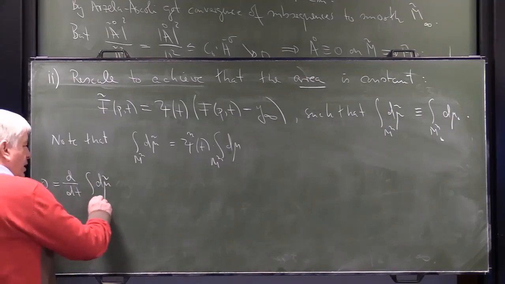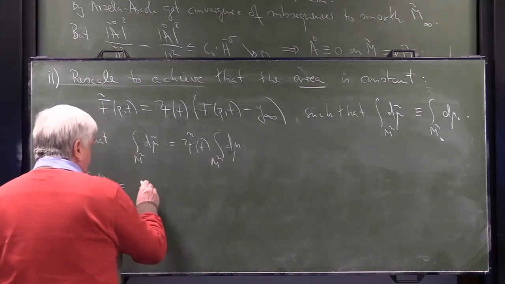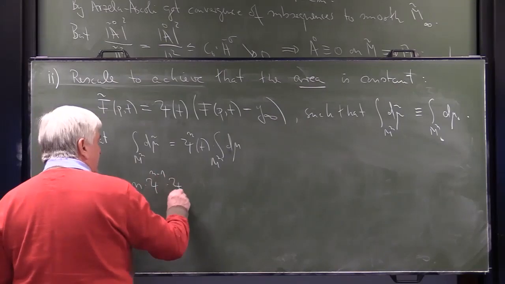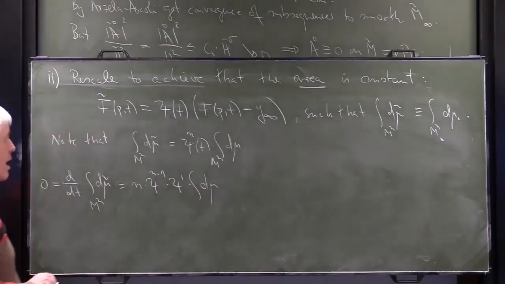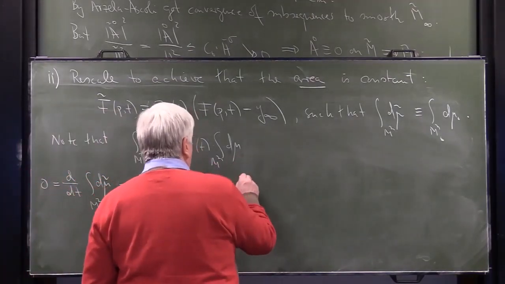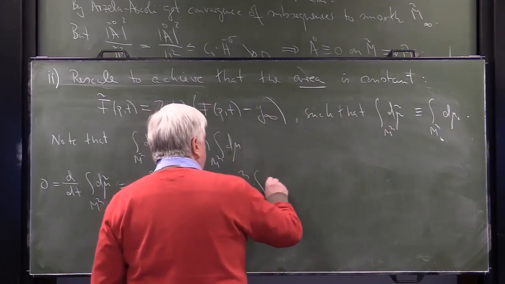This is our requirement. The area doesn't change. So we get n times psi to the n minus 1 times psi dash times the integral d mu, plus the evolution of the area here, which we know is minus psi to the n times the integral of the mean curvature squared.